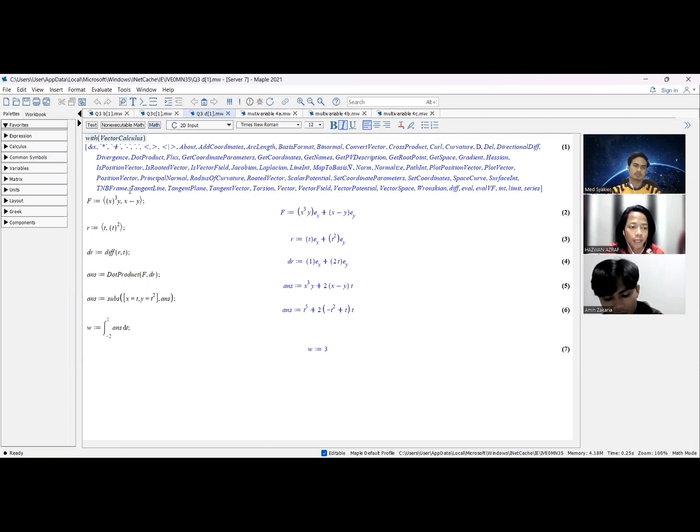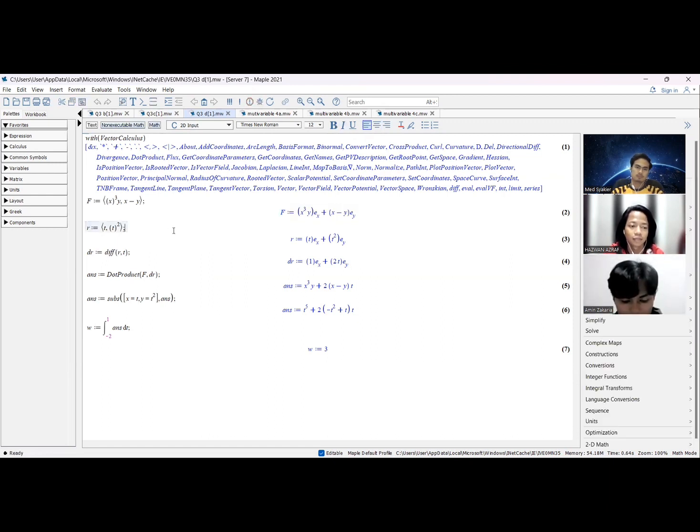Next, we type f equal to, in brackets, x cubed y, comma, x minus y, semicolon, and push enter. Then we type r equal to t, comma, t squared, in brackets, semicolon, and push enter, and we get r is equal to t e to the power of x plus t squared e y.